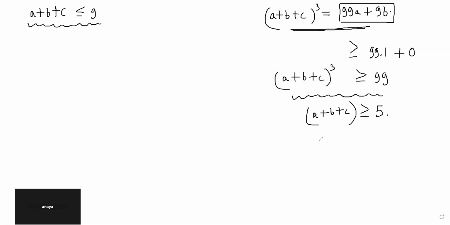It is greater than 4 for sure. Can it be 4? No. 4 cube would be 64, so 64 would not satisfy this, right? So we are getting 5 is less than or equal to a plus b plus c is less than or equal to 9 now.